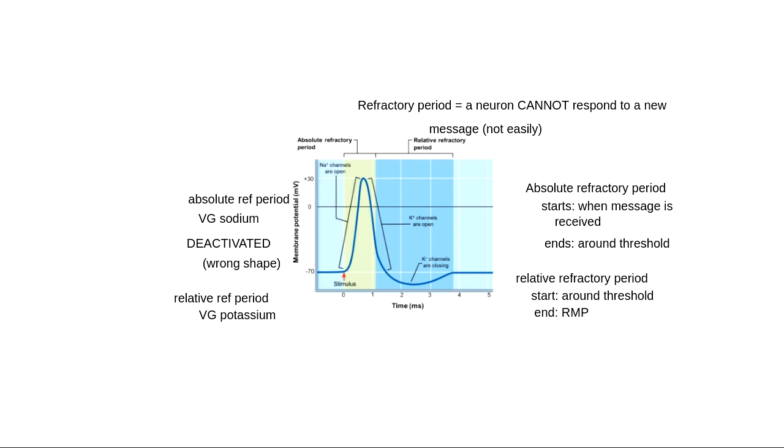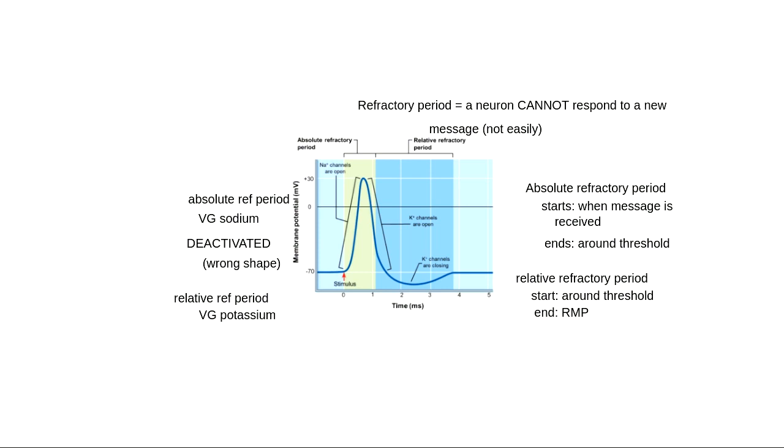It's not going to happen. During the relative refractory period, if you can get me excited enough, I can respond to a new message. But it's going to have to be a really strong message, because I am dropping down and you're asking me to go straight back up. So I've got to have a really strong message to get there.